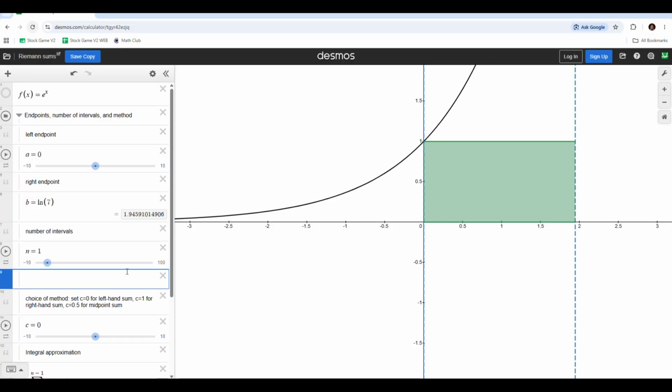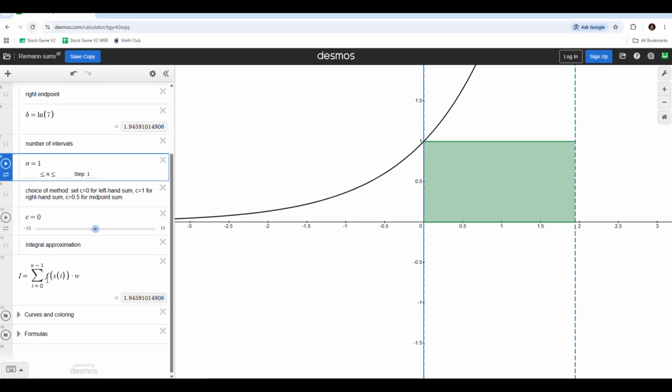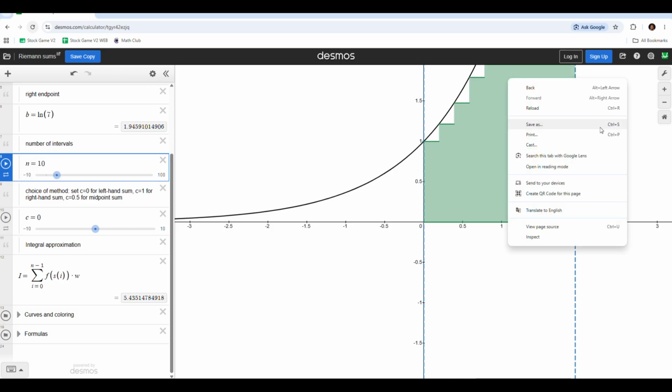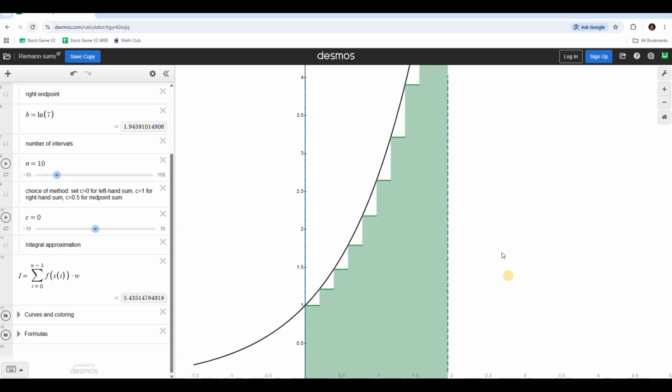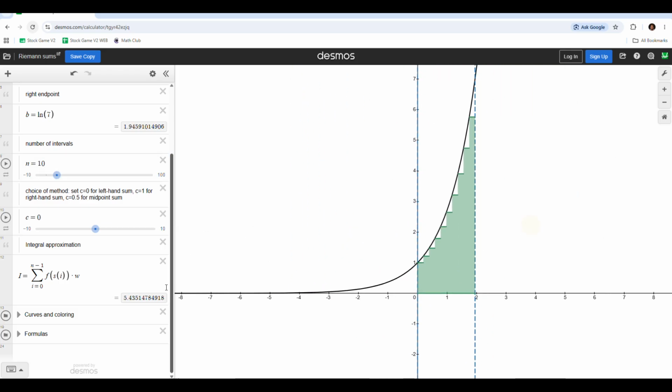And here's what I want you to take a look at. Right here. This is our Riemann sum. Now they're using i's, but I use k's, but that doesn't really matter. It's a height times a base. Here's 1 Riemann sum. Here's 10 subintervals of the Riemann sum. Goes to about 5.4.